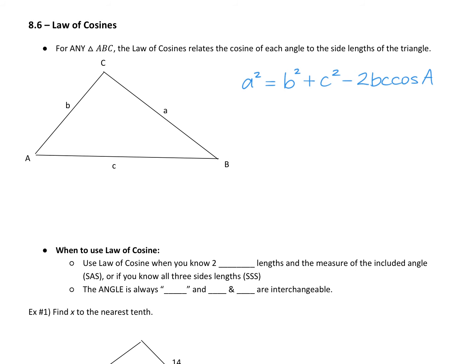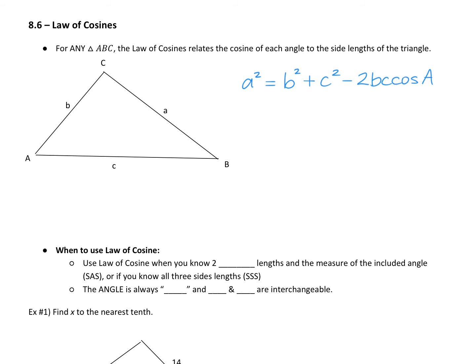When you use this law of cosines, it is in two scenarios. So law of sines, if you spent the time to memorize it, which I don't even memorize it: with those, you could do the law of sines, right?